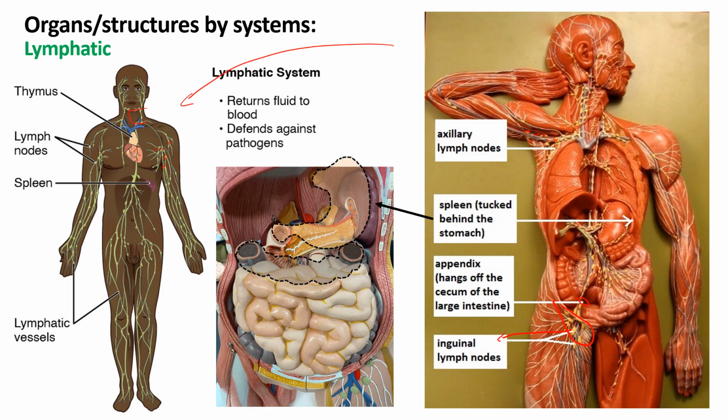The ones in the neck, for example, are cervical lymph nodes, armpit, axillary lymph nodes, and the groins, inguinal lymph nodes. Behind the knee, we have some lymph nodes that are called the popliteal lymph nodes.